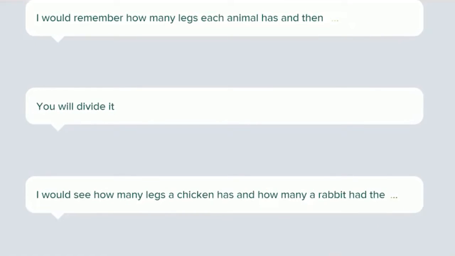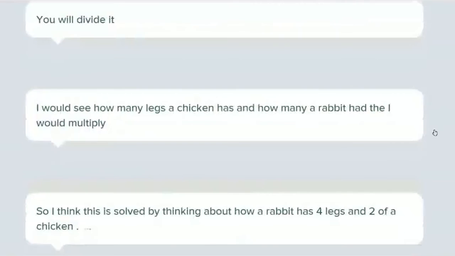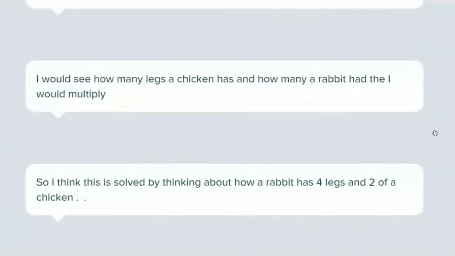Okay, that's a very good starting point. So apparently a chicken has 2 legs and a rabbit has 4 legs. Yeah, and what's next? Thinking about how a rabbit has 4 legs and a chicken has 2 legs, and then what?